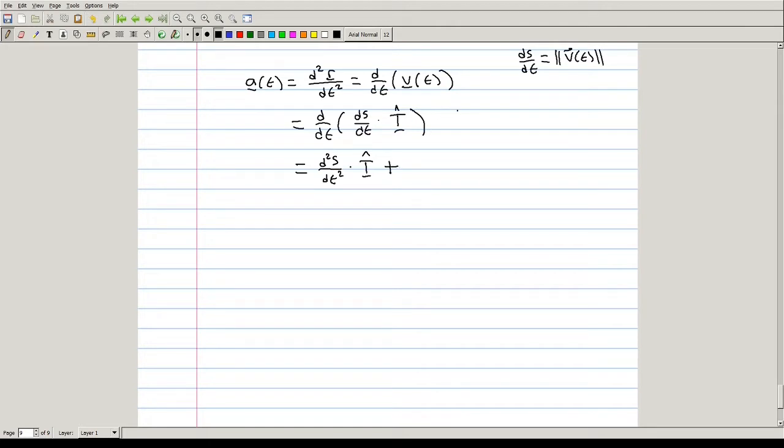plus ds/dt, or the velocity, the rate of change of arc length with respect to the parameter t, multiplied by the derivative of the unit tangent vector with respect to t. This is the normal product rule.